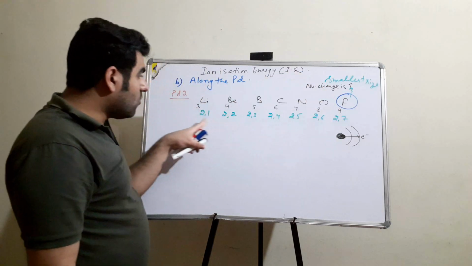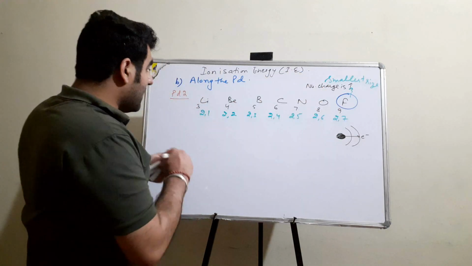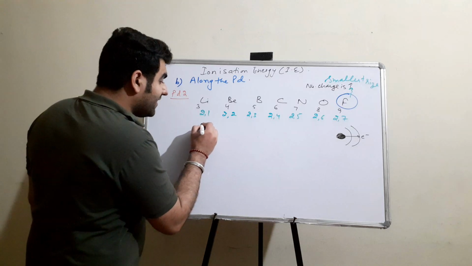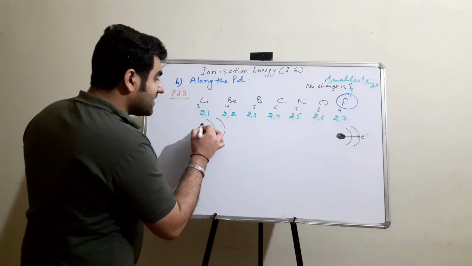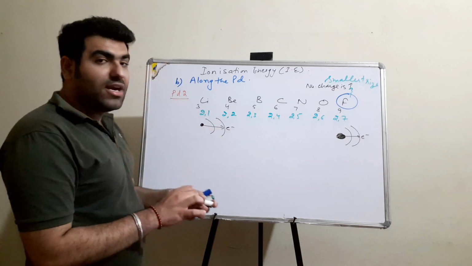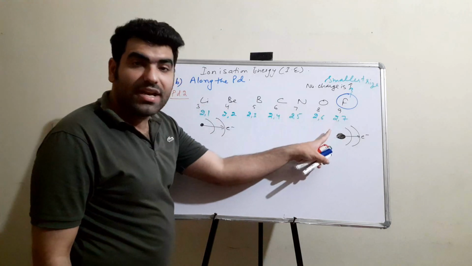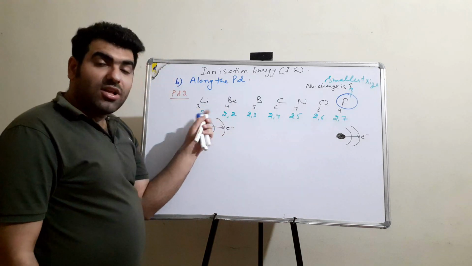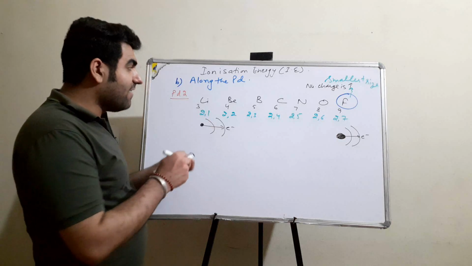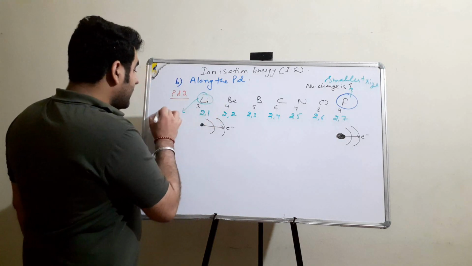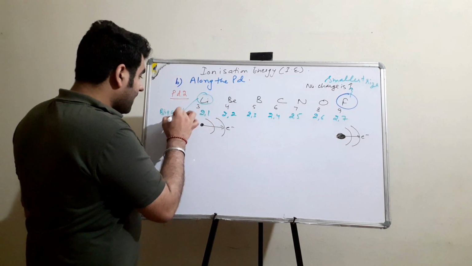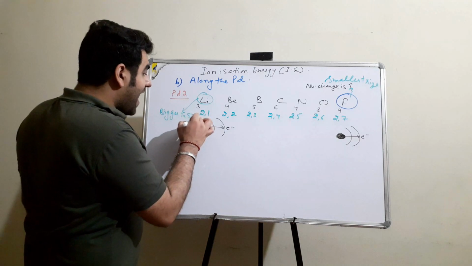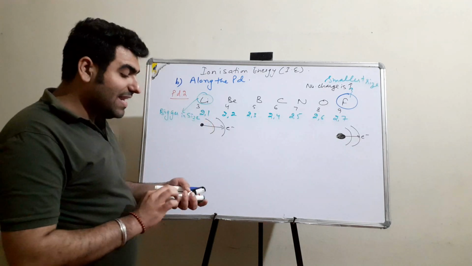Now let us go towards lithium. Lithium has a greater size, higher as compared to fluorine, because we know along the period size decreases. This is on the left hand side, so it is bigger in size, and the nuclear charge is less.